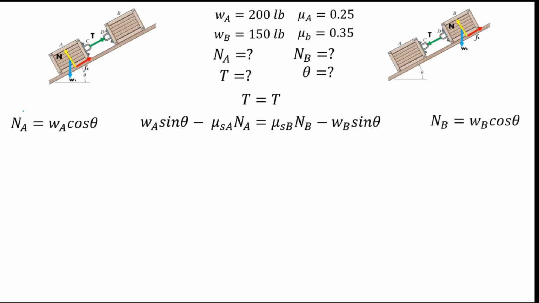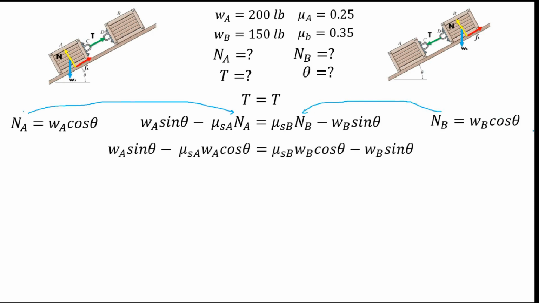We will replace the value of NA with this. So we will place it here. Instead of NA, we will use WA cos theta, and instead of NB, we will use WB cos theta. So the next equation will be just like this.